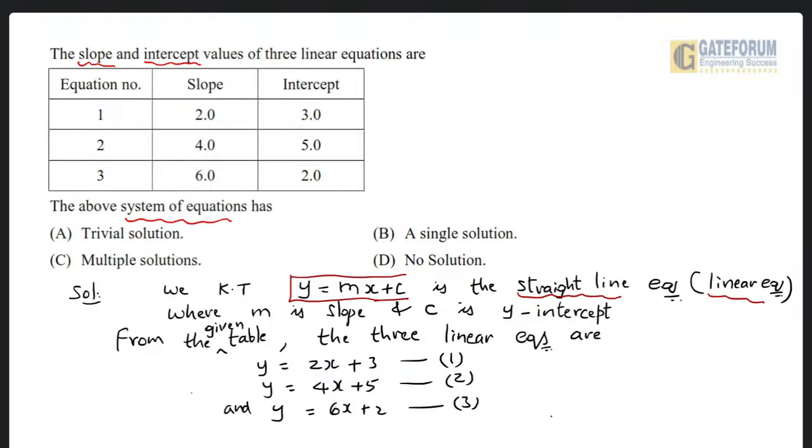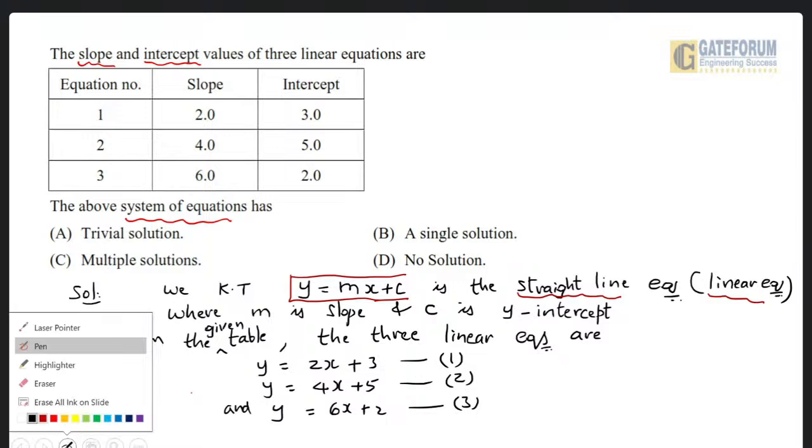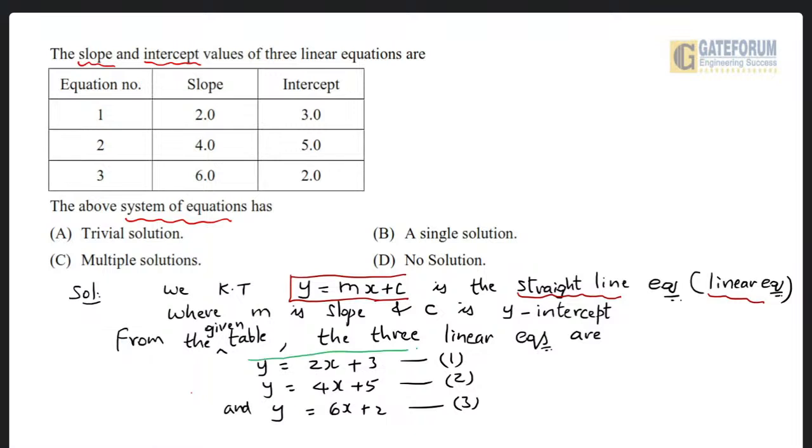Just solving 1 and 2. Subtracting 2 from 1, y cancels, we get 0 is equal to 2x minus 4x plus 3 minus 5, that is minus 2x minus 2.